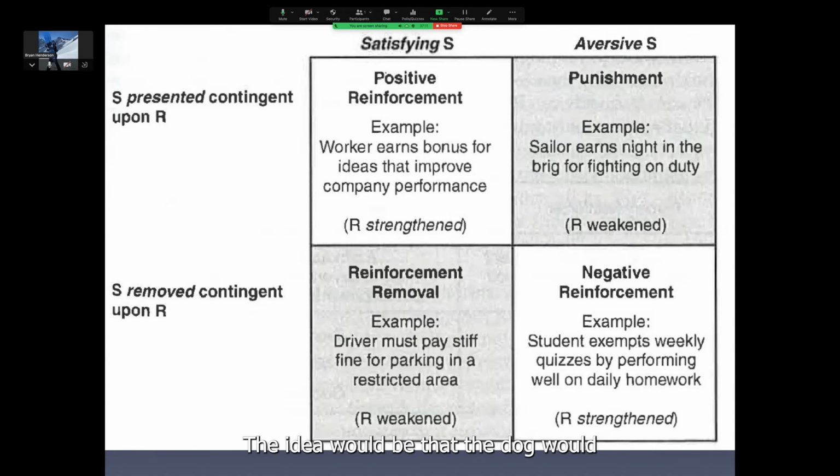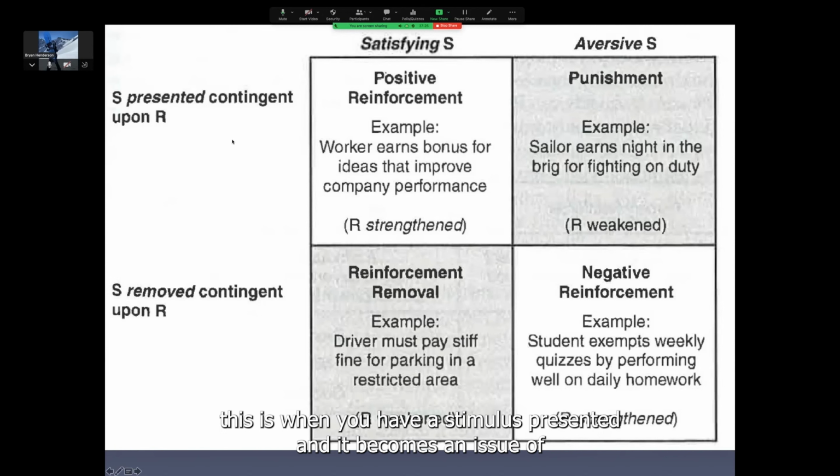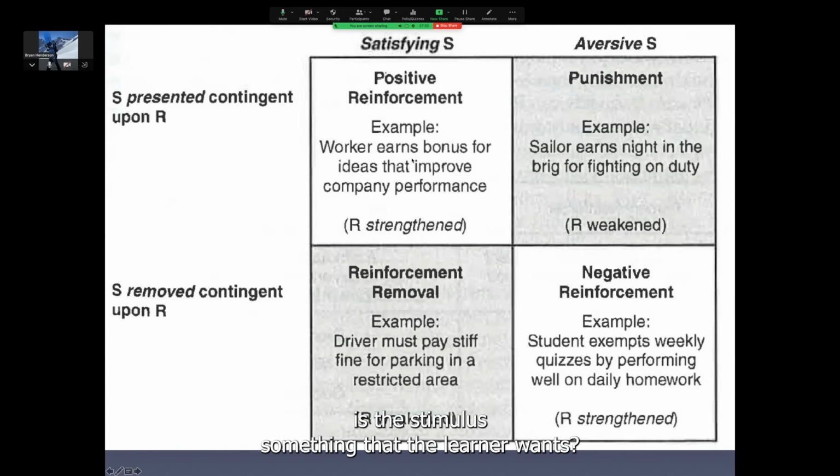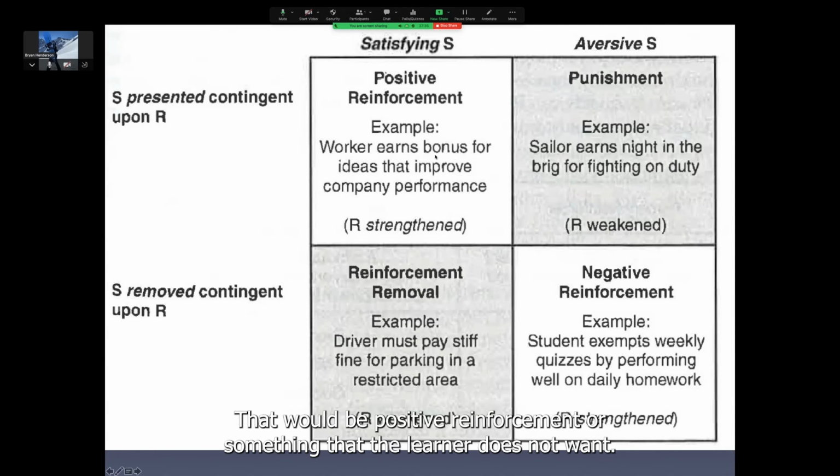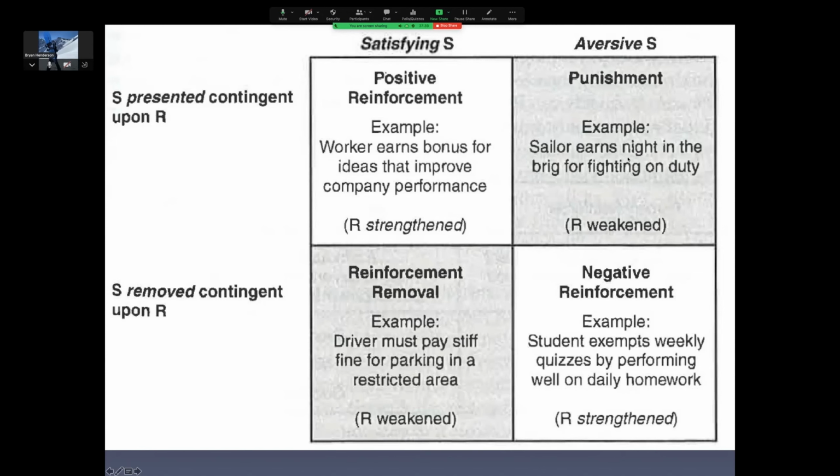The idea would be that the dog would associate doing certain things as resulting in the presentation of things the dog does not want. So again, just in this first row, this is when you have a stimulus presented and it becomes an issue of, is the stimulus something that the learner wants? That would be positive reinforcement. Or something that the learner does not want? That would be an example of punishment.